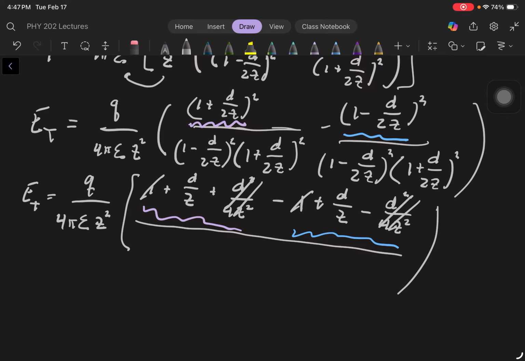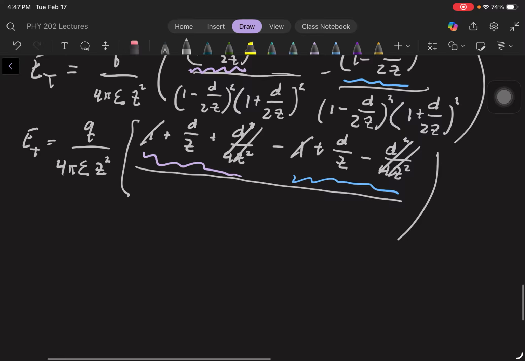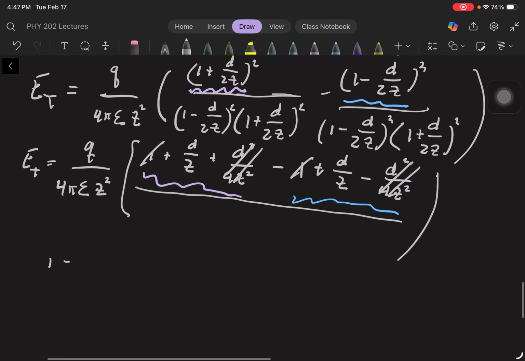And then let's try to see what the bottom turns into. So we have 1 minus d, well, I don't know why I started it down there.